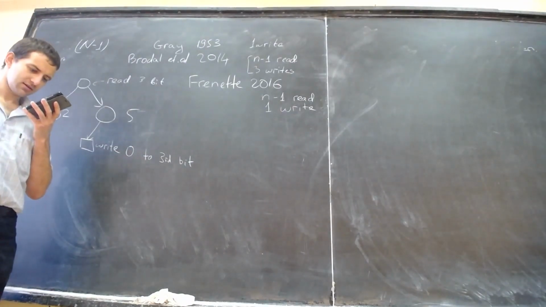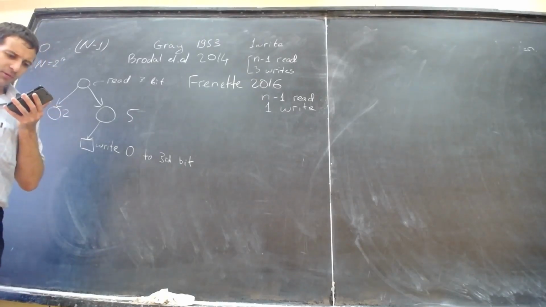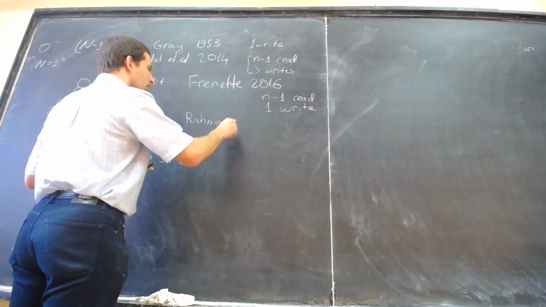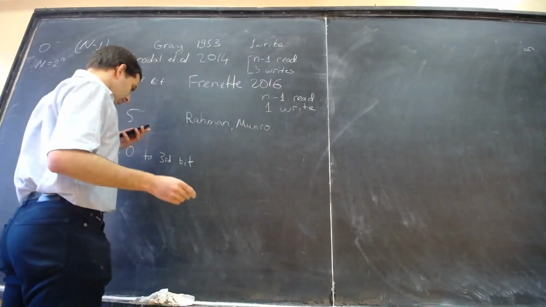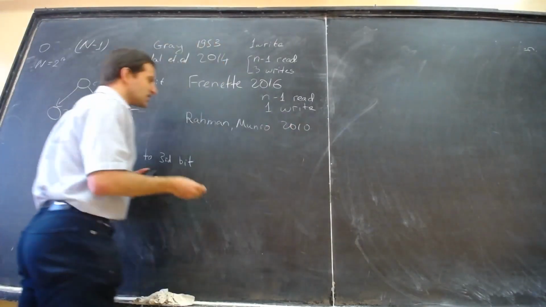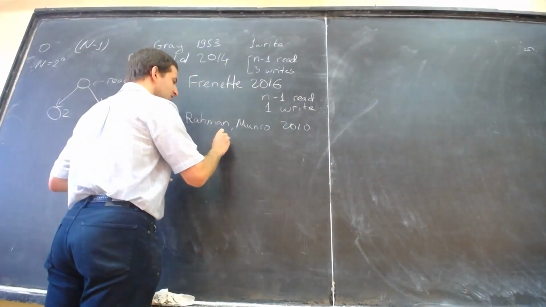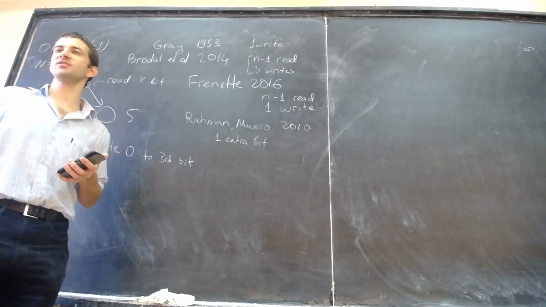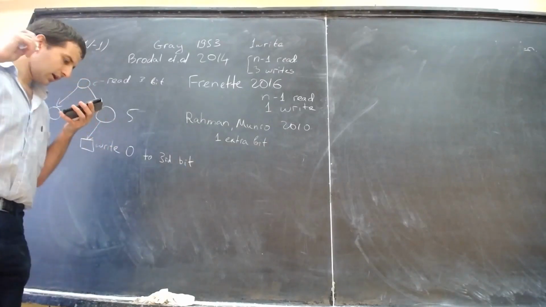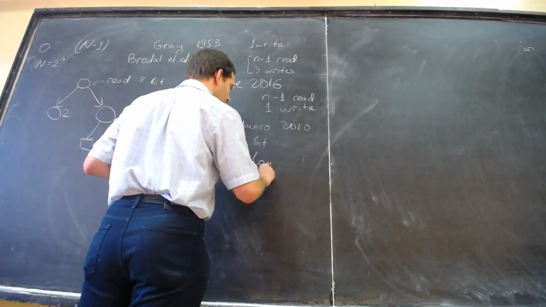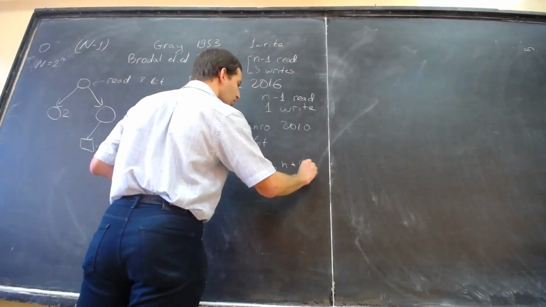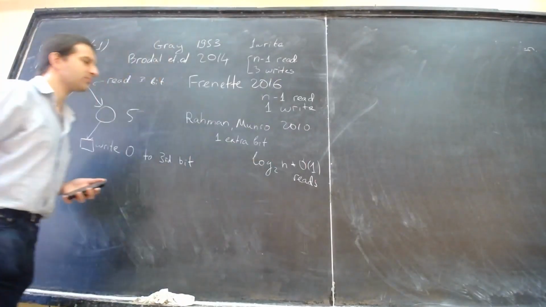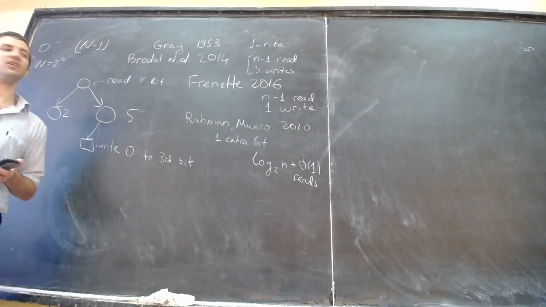And then there is also a paper by Raman and Rao, which says if you have one extra storage bit, so our representation uses n+1 bits for numbers from 0 to n-1, then in the worst case it is log n plus constant reads if we use the one extra bit.